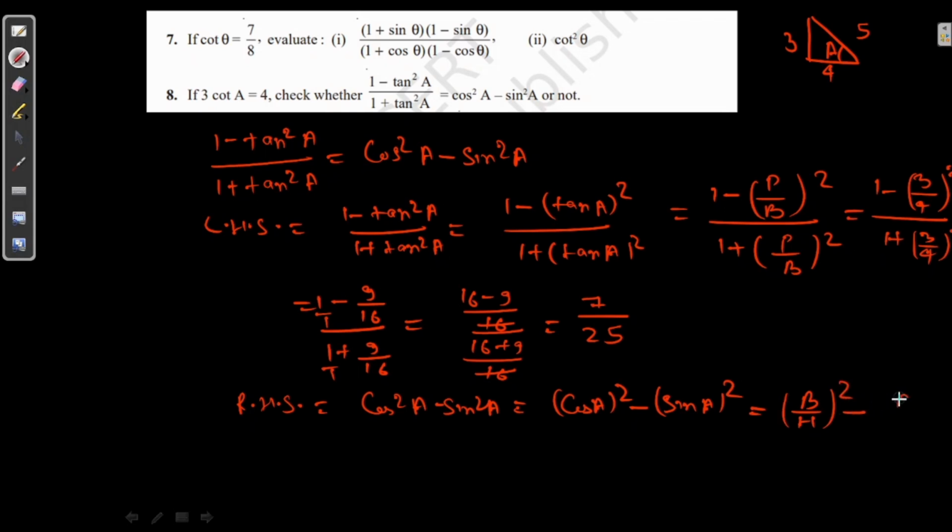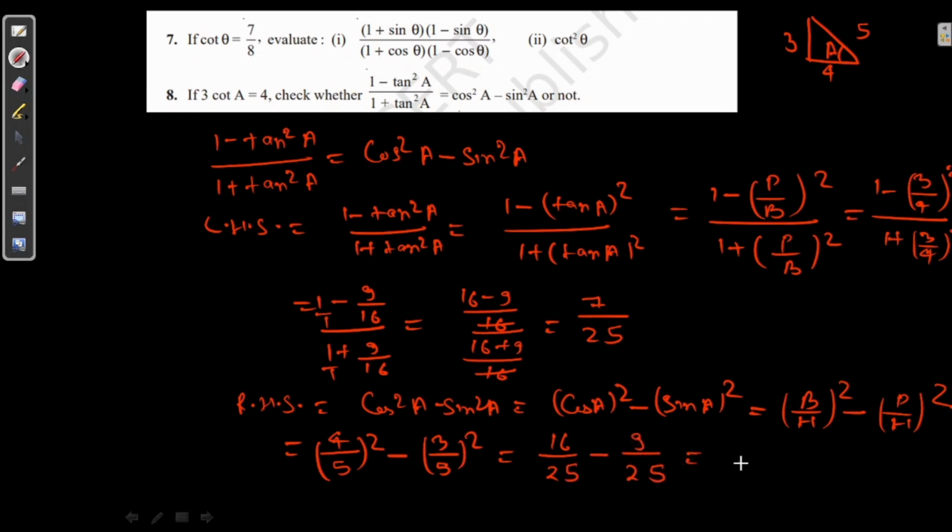Sin A is actually P by H. So it is P by H square. I am writing the values here. What is the value of B? It is 4. H is 5. You can see from the triangle. P is 3. H is 5. 4 square is 16, 5 square is 25. Minus 3 square is 9, 5 square is 25. They are having the same denominator, so I can write 16 minus 9. 16 minus 9 is 7 upon 25.